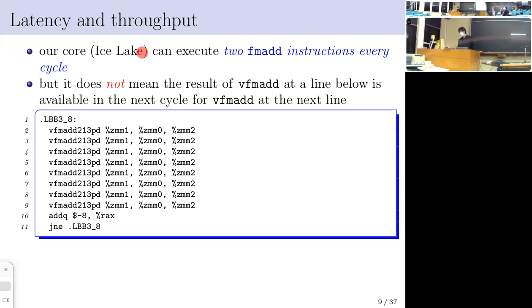So the thing is, even if the processor says it is able to execute 2 FMR or whatever instructions every single cycle, it does not mean the processor is able to execute these 2 instructions in the same cycle and these 2 instructions in the same cycle.